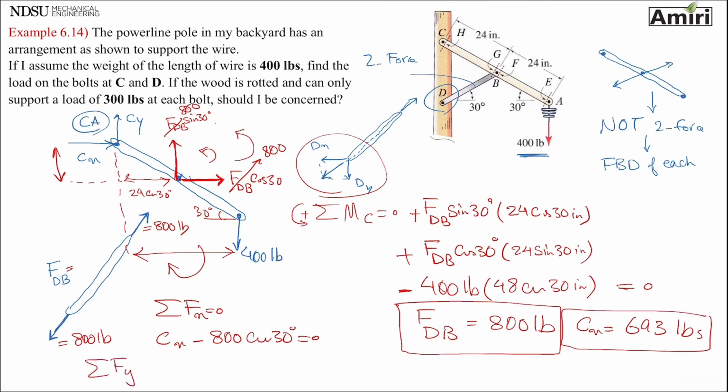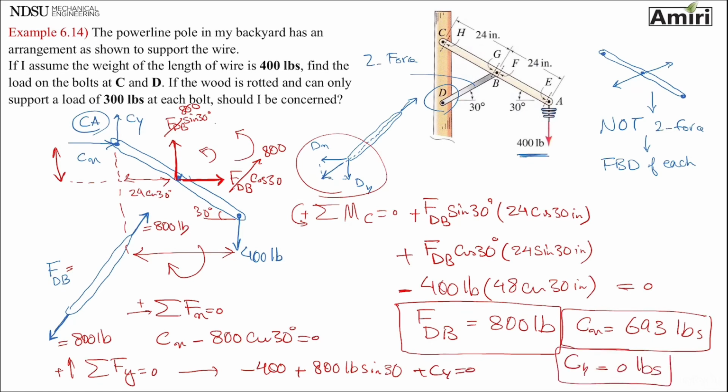Summation of forces in y equals 0. And that means minus 400 plus 800 sine 30 plus Cy equals 0. Cy is 0 pounds.